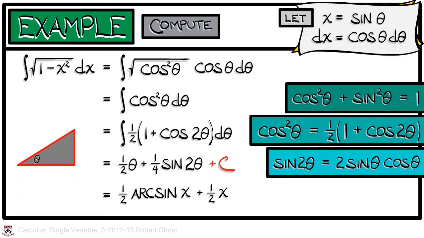Well, if we set up a right triangle with an angle theta whose sine is equal to x, then we can read off the cosine from the Pythagorean theorem as square root of 1 minus x squared. This yields our answer, 1/2 arcsine of x plus 1/2 x times square root 1 minus x squared.